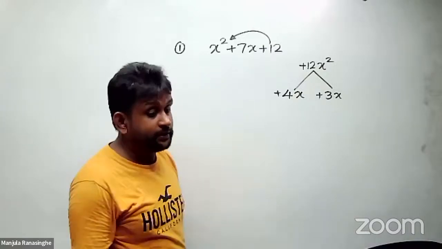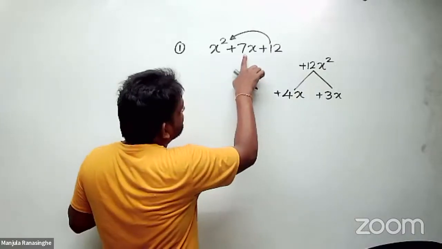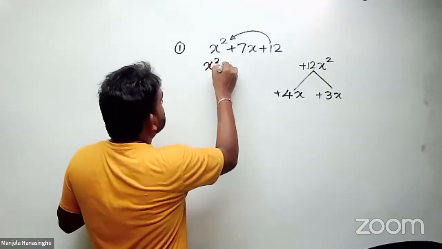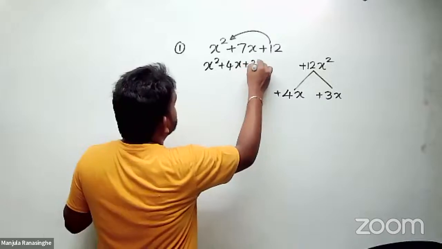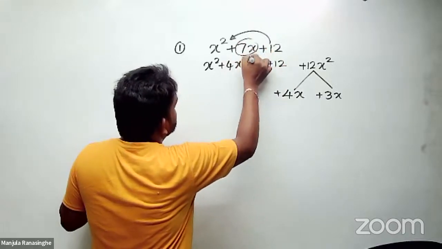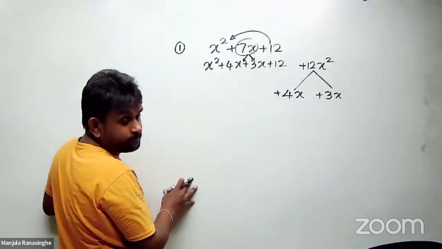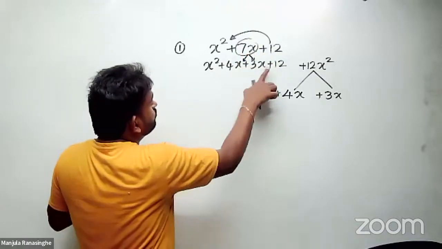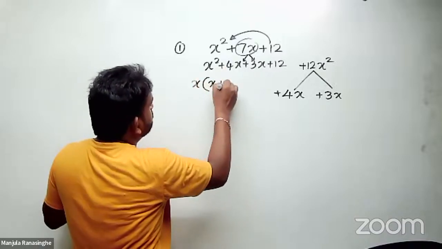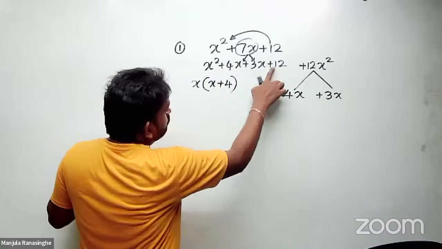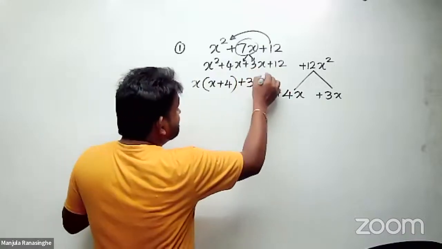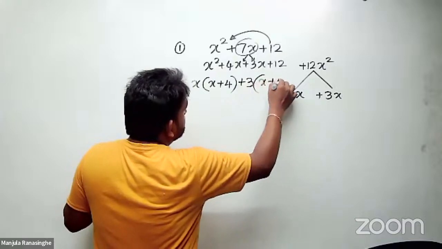Understood? Right. So now I replace the 7x by the sum of these two terms: x squared plus 4x plus 3x plus 12. Now two by two I take the common factors. I take x out of the first two, giving x times x plus 4, and 3 out of the last two, giving 3 times x plus 4.